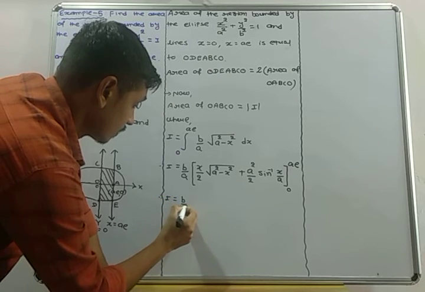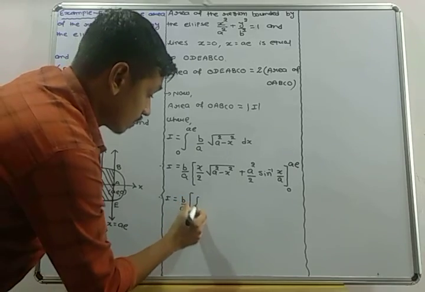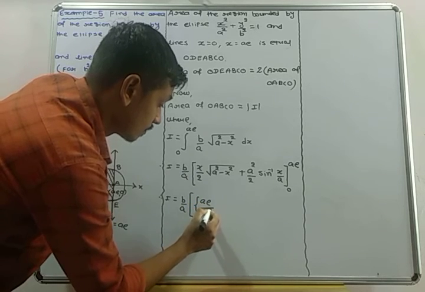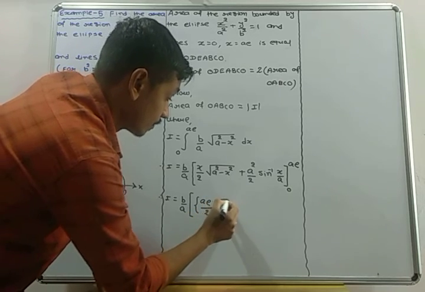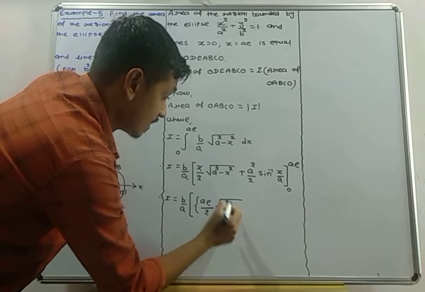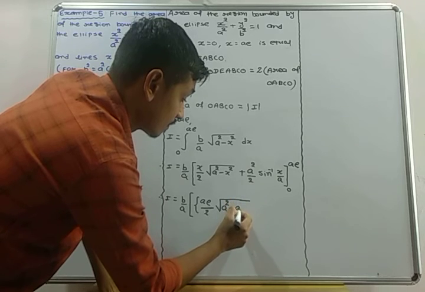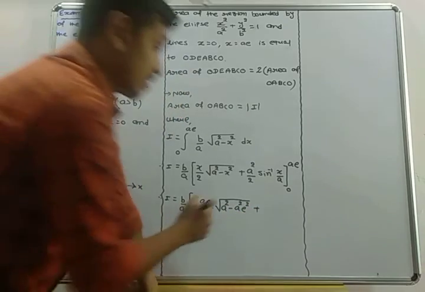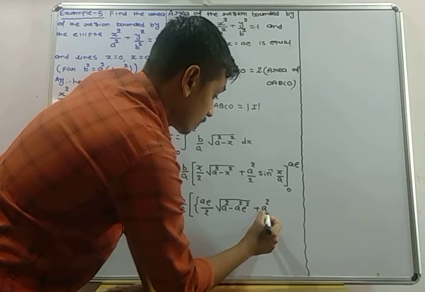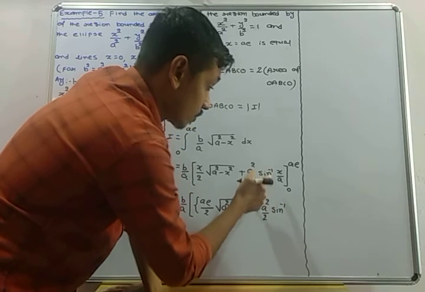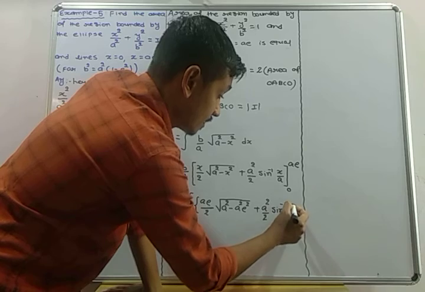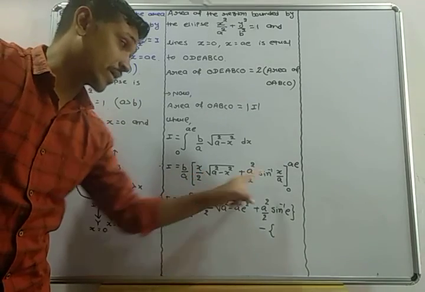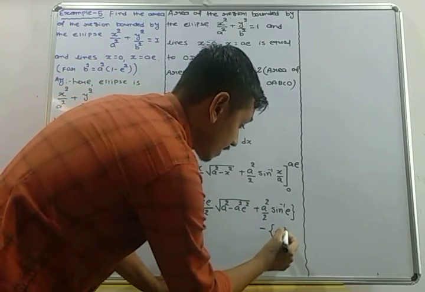I equal to b by a and upper minus lower, putting a, so a by 2 and under root a square minus x square, x means a, so a square e square plus a square by 2 sine inverse, and here also putting ae by a cut and only e, upper limit minus lower limit is 0, x equal to 0, so this data 0, and here x equal to 0, so sine inverse 0 means 0, just one time write 0 because all data 0.